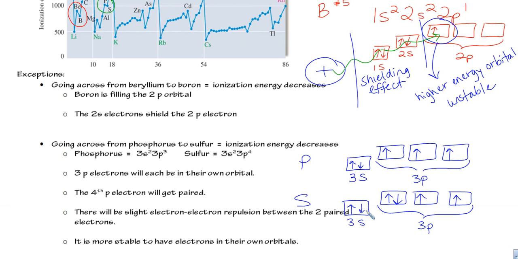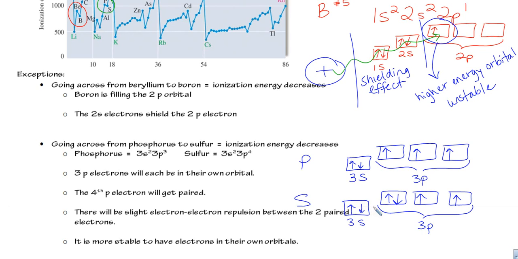Okay, now with these p orbitals, there are 2 stable options. We either want them all full or we want them all half full. So like with phosphorus, having 1 electron in each of those p orbitals, that's actually pretty stable. We either want 1 in each of the orbitals or we want them full with 2 in each of the p orbitals.